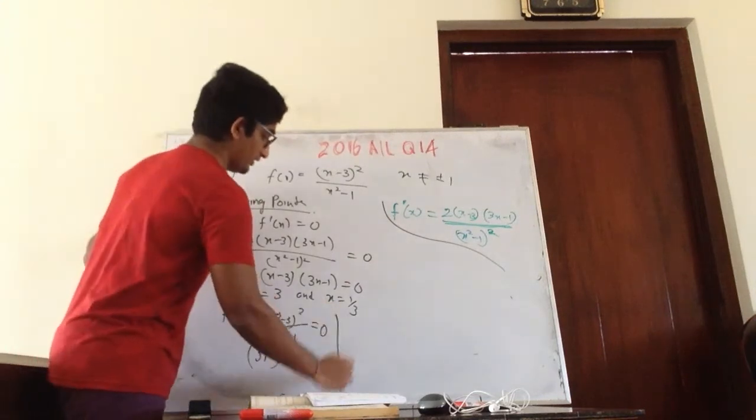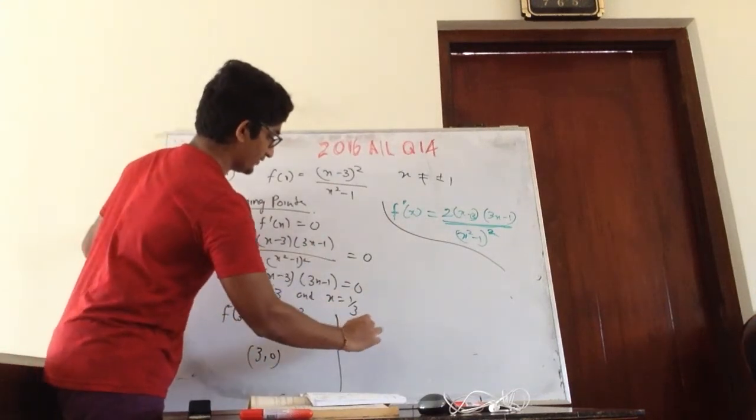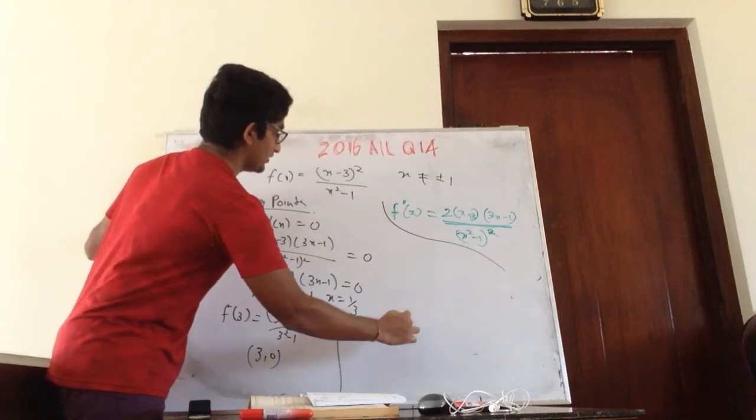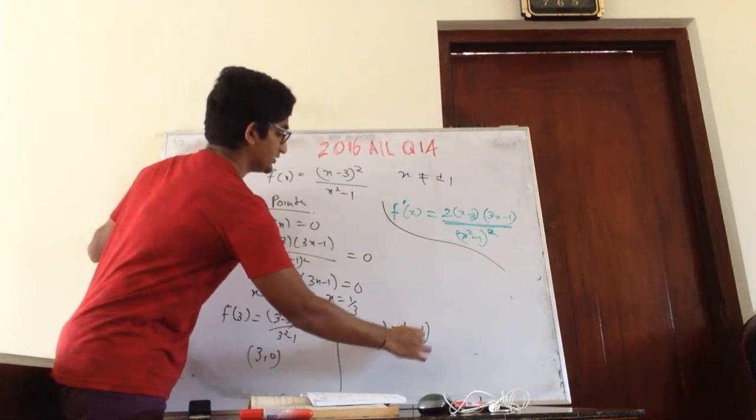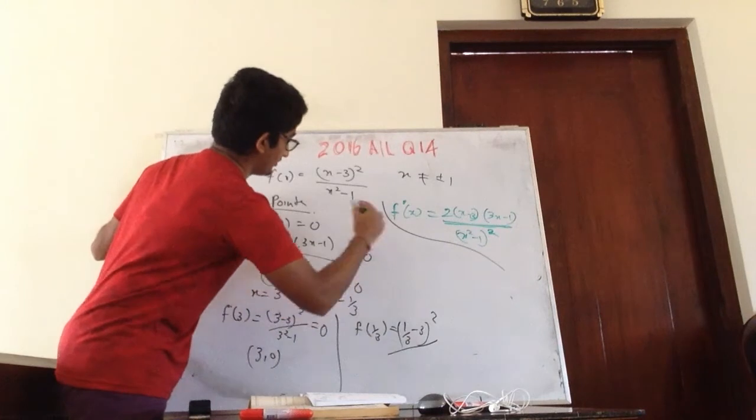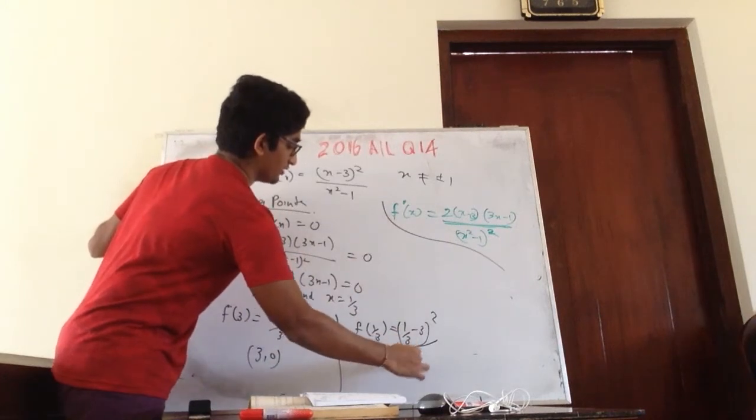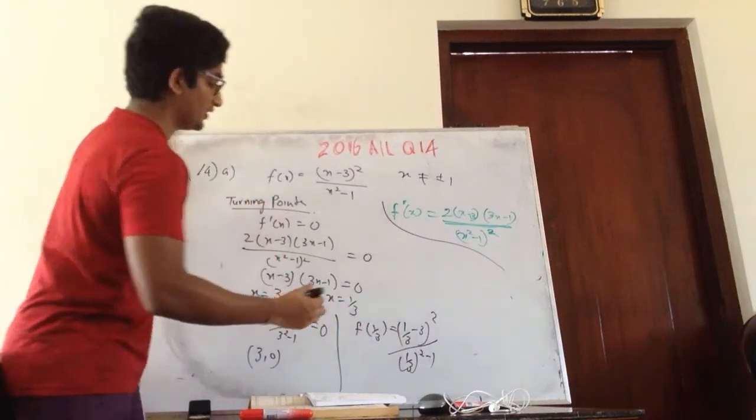Then if you take f(1/3), you will get (1/3 minus 3) squared over ((1/3) squared minus 1). Correct?